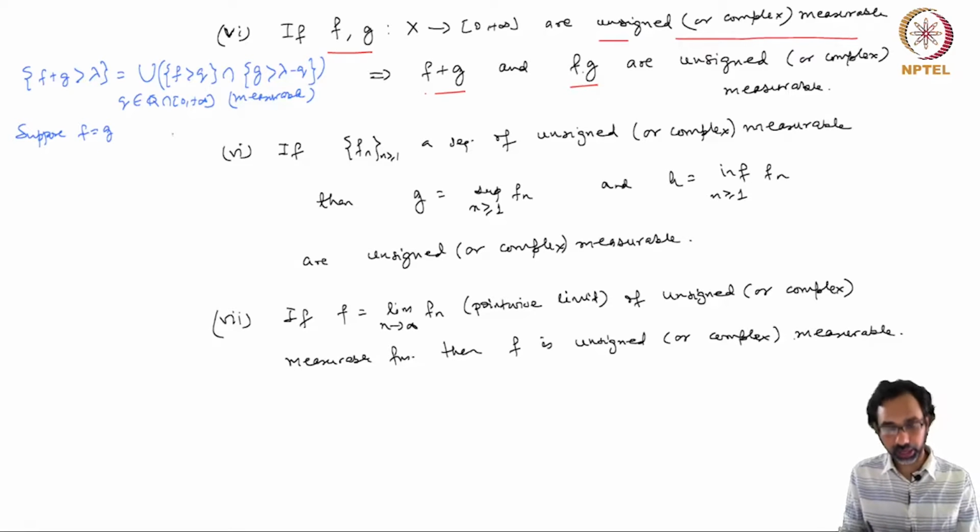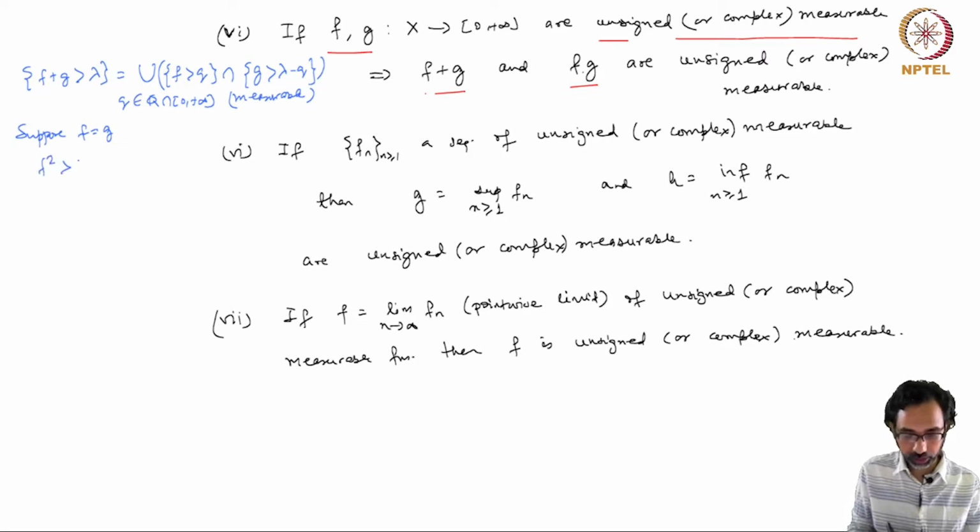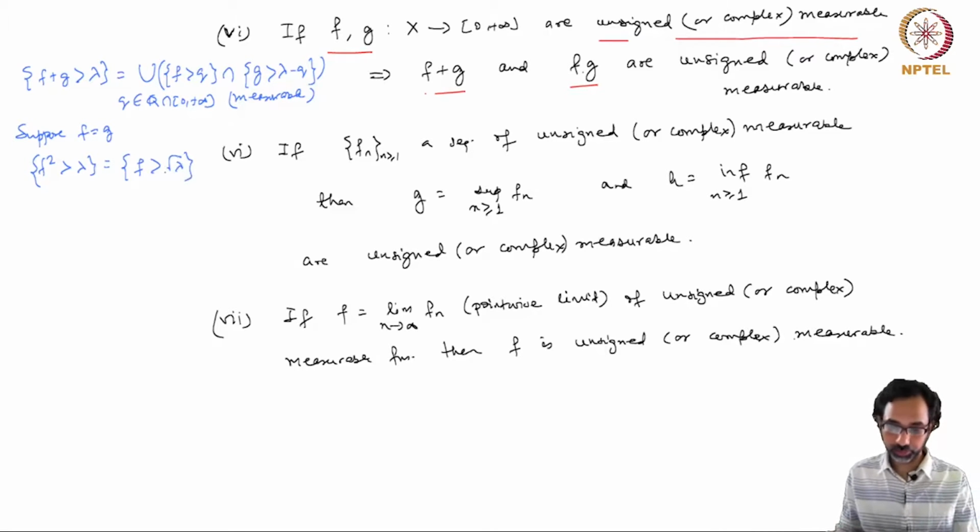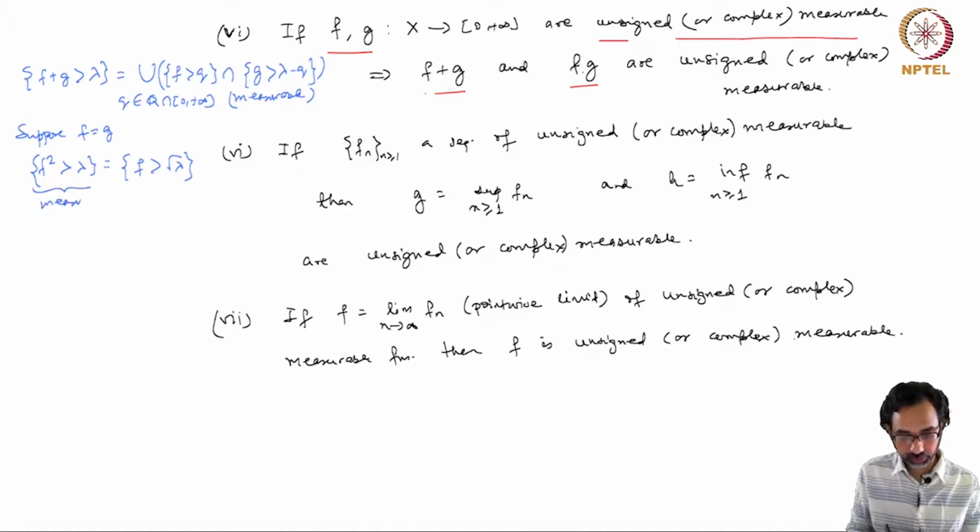Suppose f equals g. Then the set f square greater than lambda is equal to f greater than square root of lambda. Because lambda is a non-negative real number, the square root is unambiguously defined. So this is measurable, and so f square is measurable.